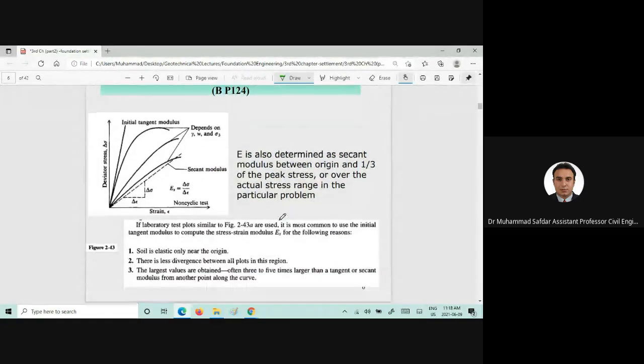Now, if we perform the triaxial test, and if we plot the stress strain behavior of the deviatoric stress and strain, we might get a curve like this, a curve like this, or a curve like this one.